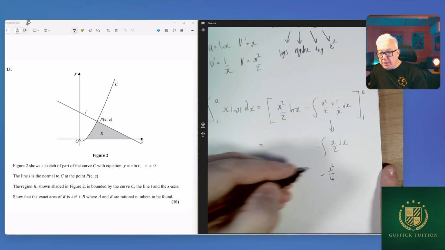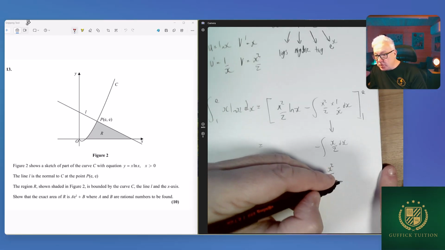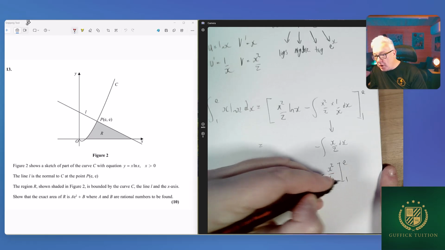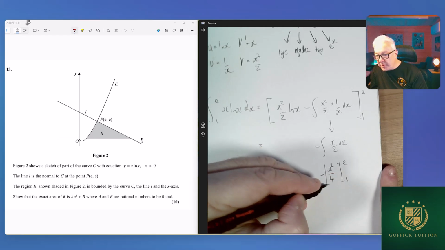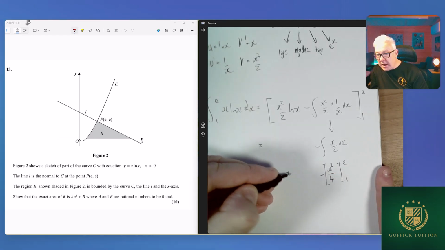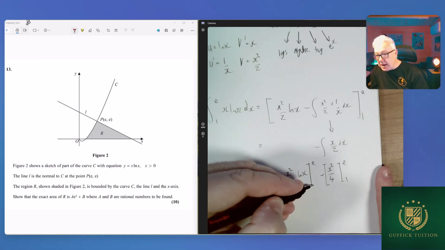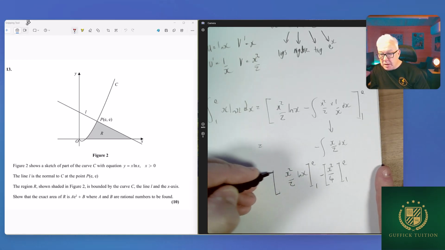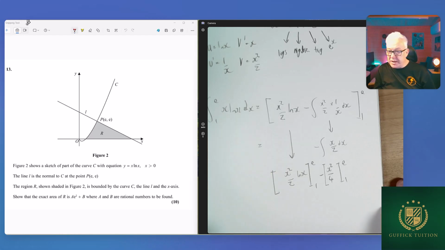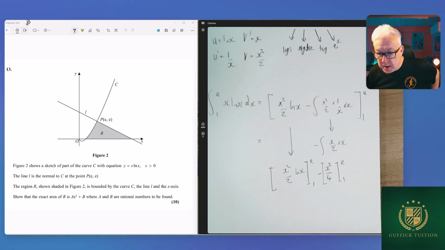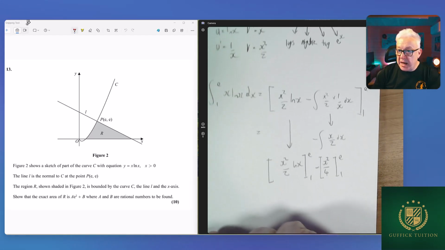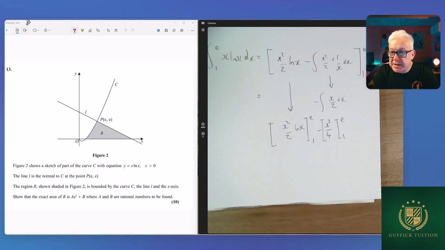And that's going to be between e and 1, like so. And then we've got here x squared over 2 ln x, also between e and 1. So we've integrated both of the parts now, and we just got to evaluate these between e and 1. Right, let's have a look at this then.